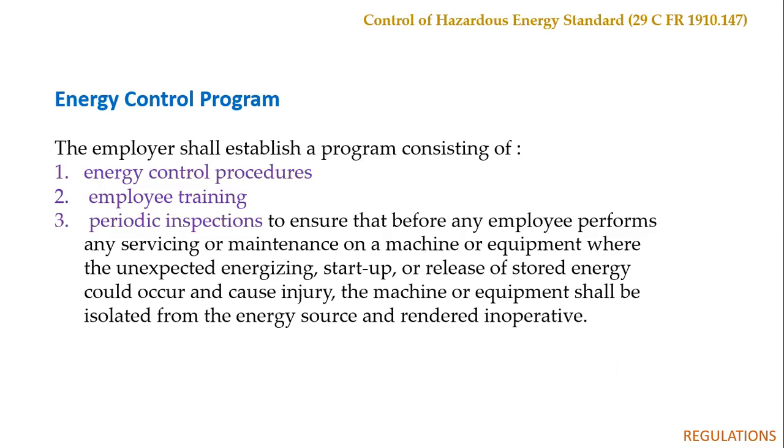So now we will move to our next topic, the energy control program. The employer shall establish a program consisting of the energy control procedures, employee training, and periodic inspections to ensure that before an employee performs any servicing or maintenance on a machine or equipment where the unexpected energizing, startup, or release of stored energy could occur or cause injury, the machine or equipment shall be isolated from the energy source and rendered inoperative.